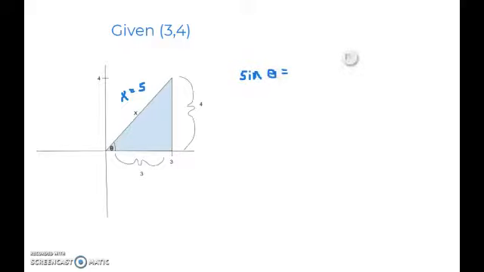So starting with sine of theta, which is the opposite over the hypotenuse, the opposite being 4 because it's opposite of the terminal side or the angle, and the hypotenuse being 5. So that would make sine of theta 4 over 5.